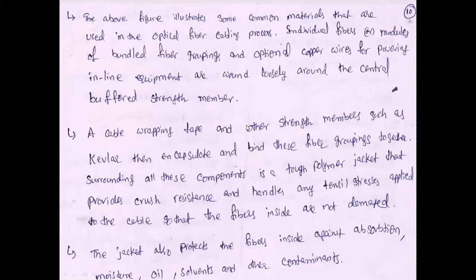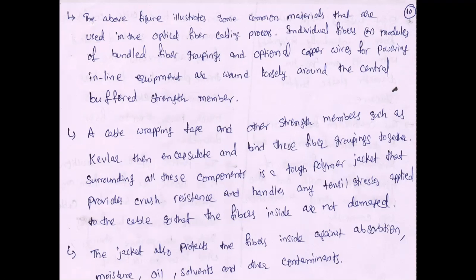The above figure shows the common materials we are using in optical fiber cables. For individual fibers, there is no problem. But at the time of connecting bunches of optical fibers or grouping of the optical fibers, optional copper wires are used. Why? Because copper is used for power to the inline equipment.